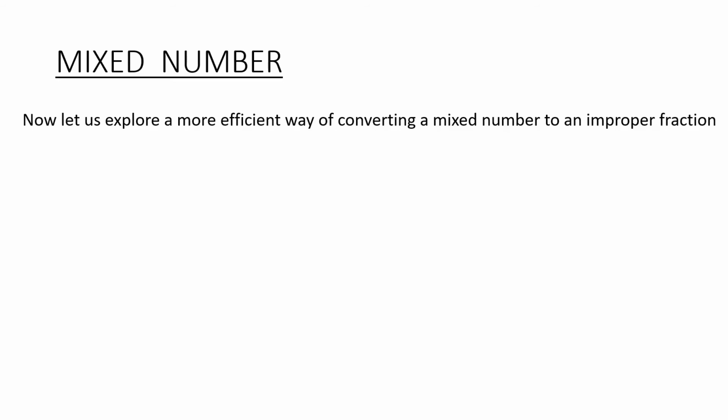Now, that in itself can be very tedious. So if we have larger numbers, it is not easy for us to go through that process. So we're going to look at a more efficient process now. As we said before, 7 and a half we found out is 15 over 2. So the algorithm to work out a mixed number to an improper fraction is to take the denominator and multiply it by the whole number.